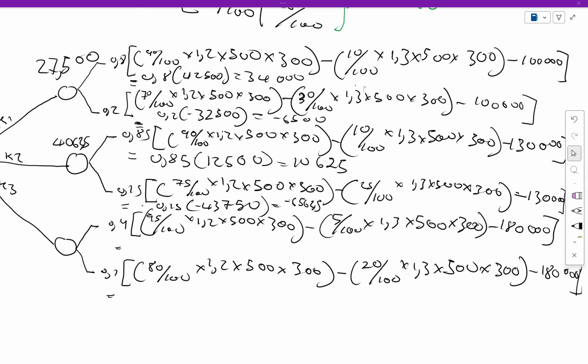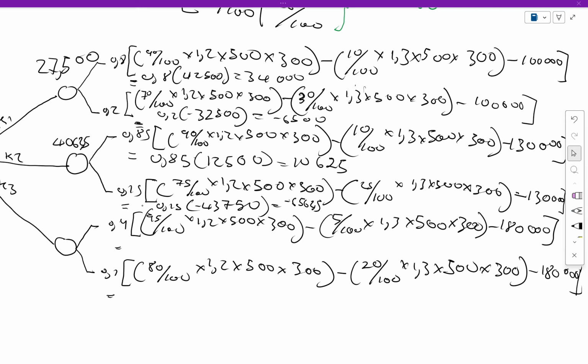Now open bracket 0.95 multiplied by 1.2 multiplied by 500 multiplied by 100, close bracket minus open bracket 0.5 multiplied by 1.3 multiplied by 500 multiplied by 100.